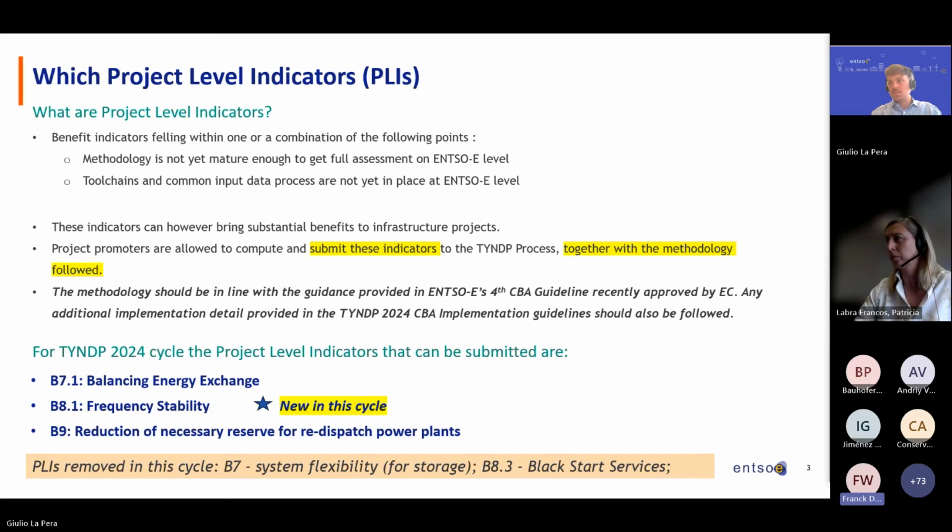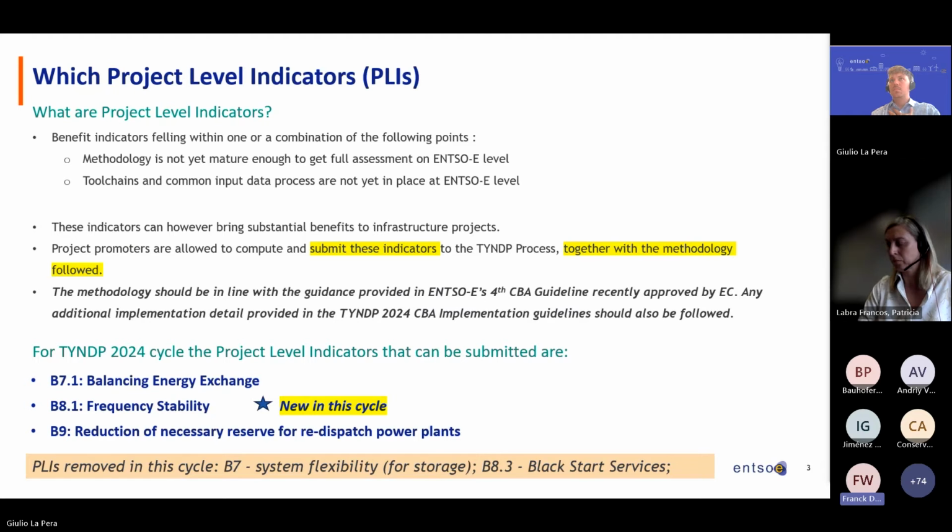And also some indicators were removed in this cycle. Two of them are listed here. It's the B7 one, system flexibility, which was mainly used for the storage projects assessment. Why the deletion? Now it's the European Commission which is mandated to provide the guidance and the guidelines for the assessment of storage projects, and therefore this doesn't lie within the mandate of ENTSO-E to produce this indicator.